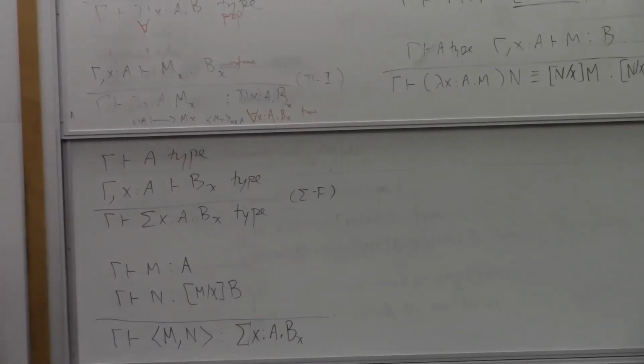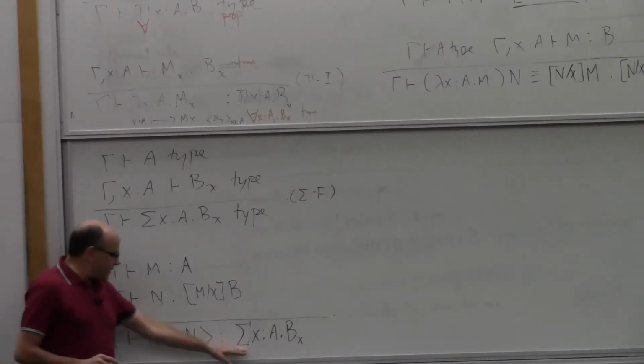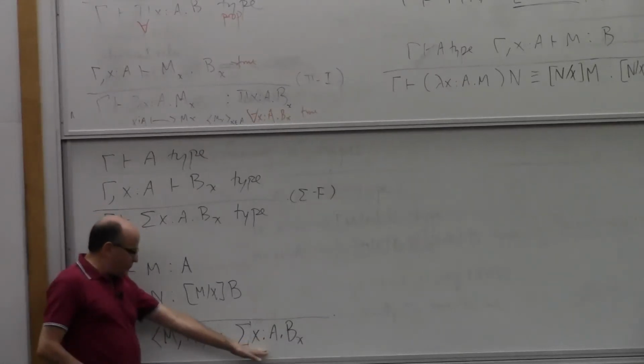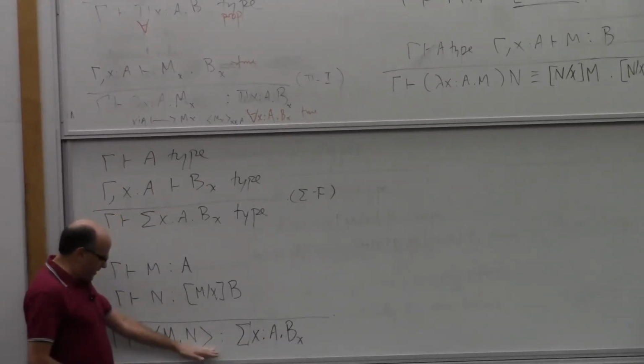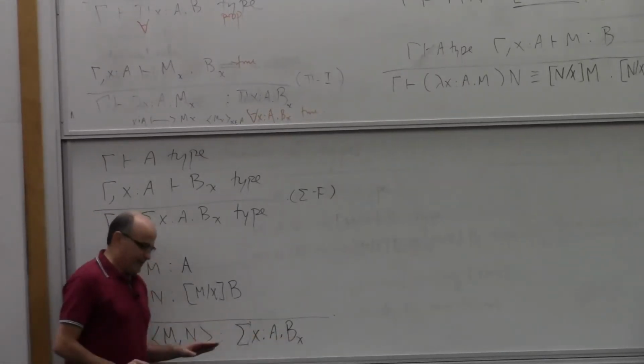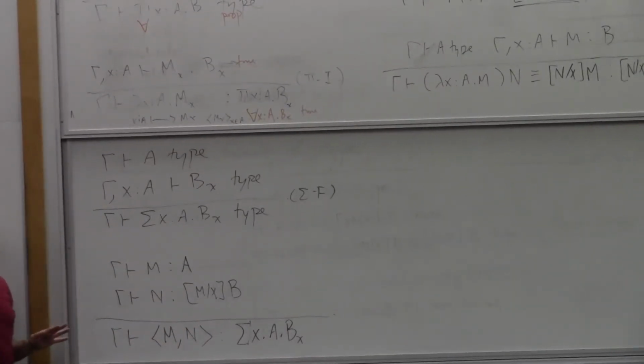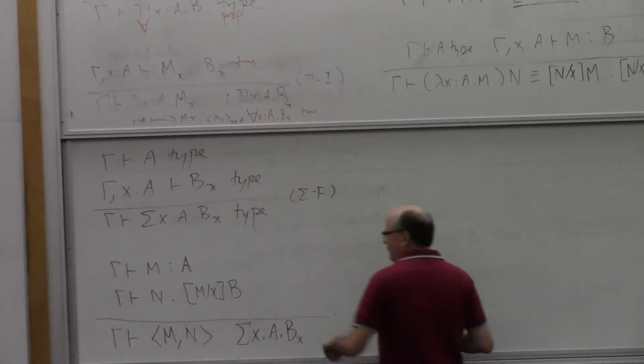And this is where another terminological confusion comes up, because the elements of the sum are pairs. So then people say, oh, so we should call this the dependent product after all, because it's a lot like a product, except that it's dependent. And that's true, but it's confusing. It's a long-standing issue about the terminology, but I'll just explain what that is.